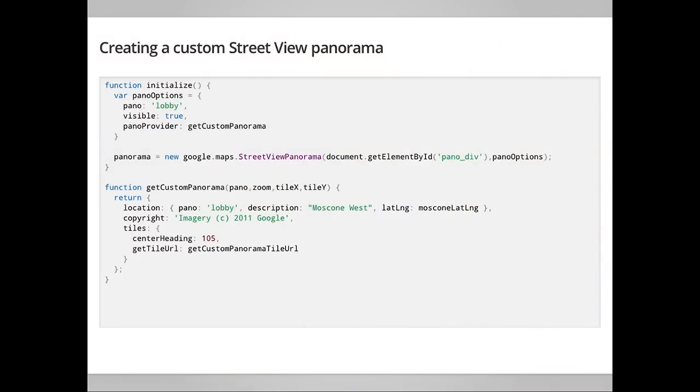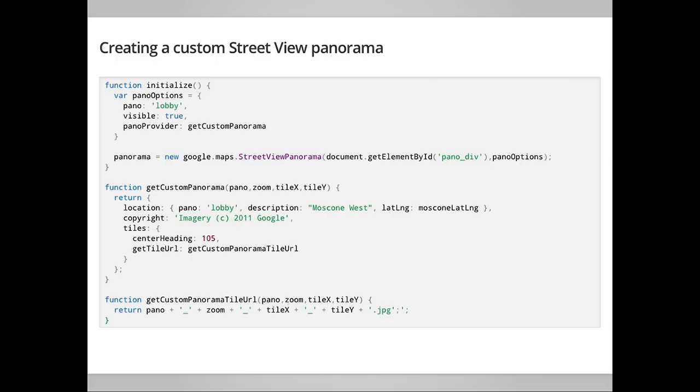So that get custom panorama is a function that returns an object that has a location in the world, and at that location it has a heading that points north. It has a pano ID, which is just a string that we're going to use to identify it, and then it has this get tile URL, which is that same exact method that provides URLs for images for a certain view.